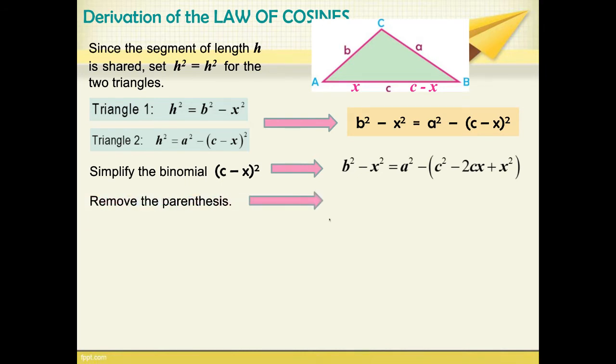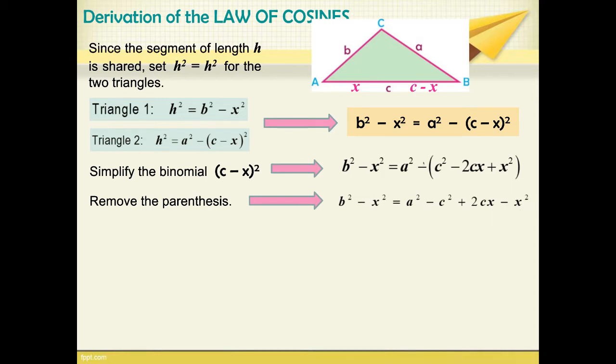Removing the parenthesis or this grouping symbol, we will have this equation: b squared minus x squared equals a squared minus c squared plus 2cx minus x squared.